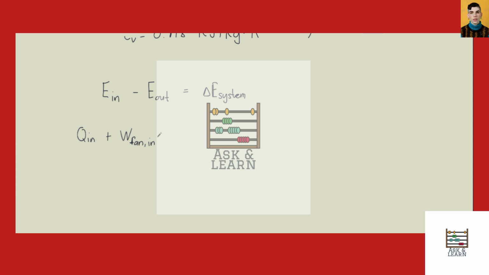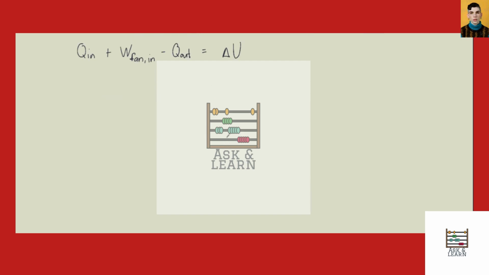So that's Q in plus W fan in minus some heat is lost, so that's minus Q out. And this is responsible for a change in internal energy of the system, delta U.